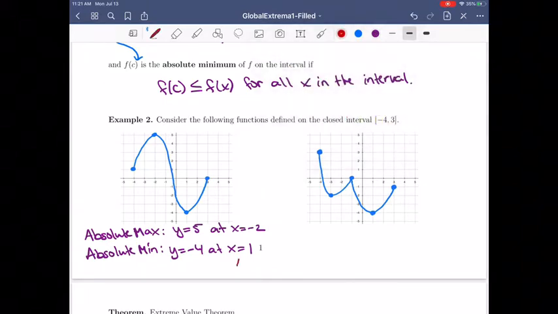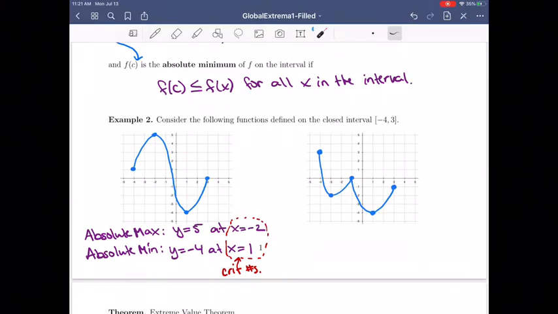They're both critical numbers. That makes sense because these maxes and mins occur at the peaks and at the valleys, which both have slope of 0. Just as the relative maxes and mins occurred at the critical numbers, we're going to have something similar happening here.